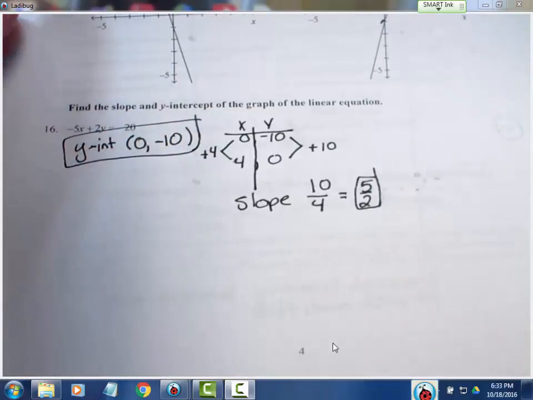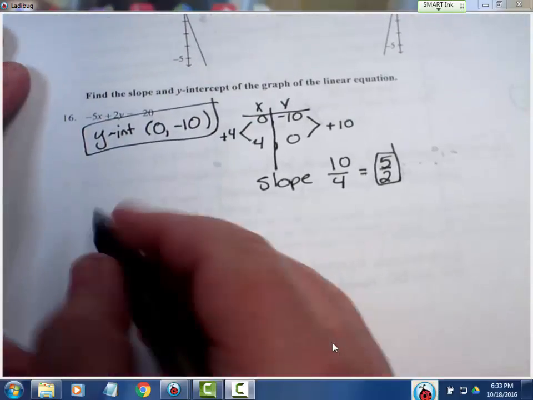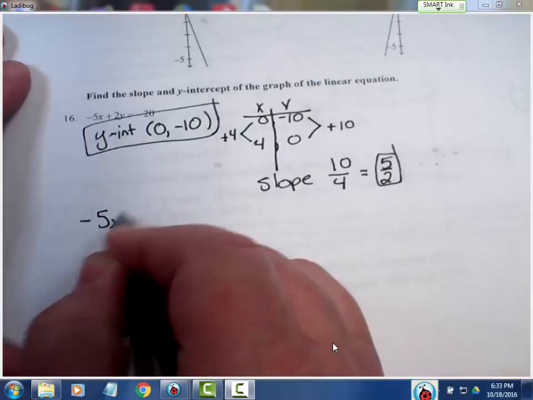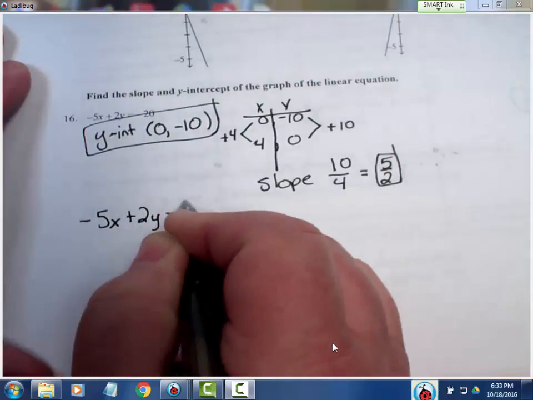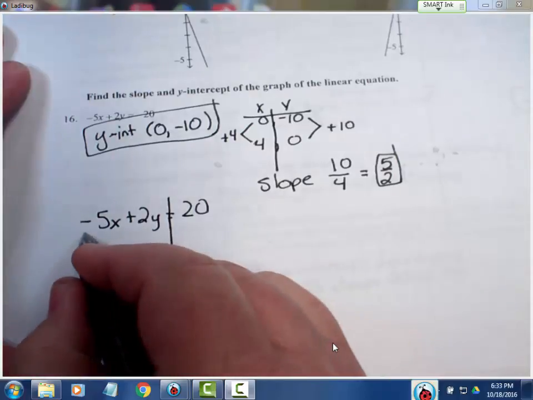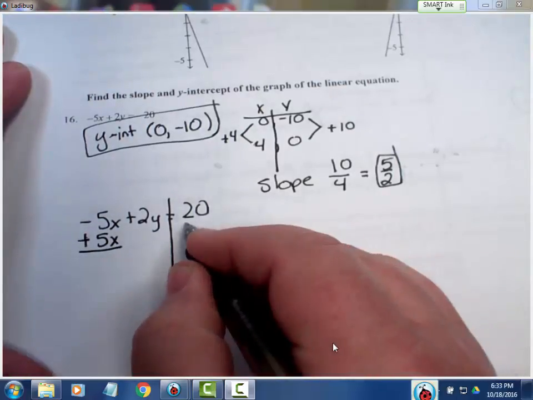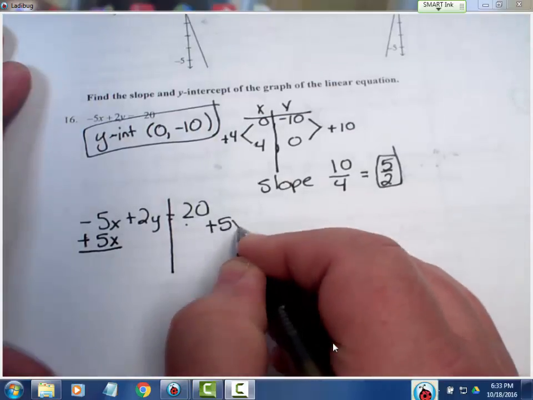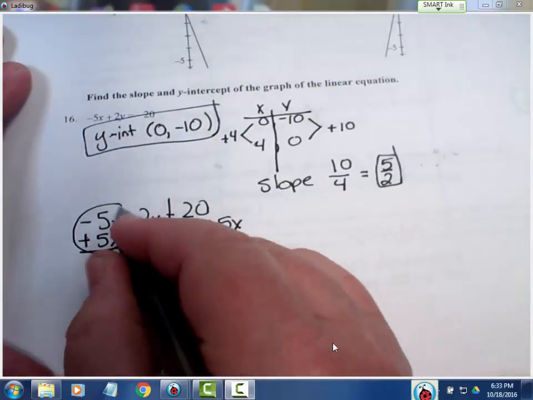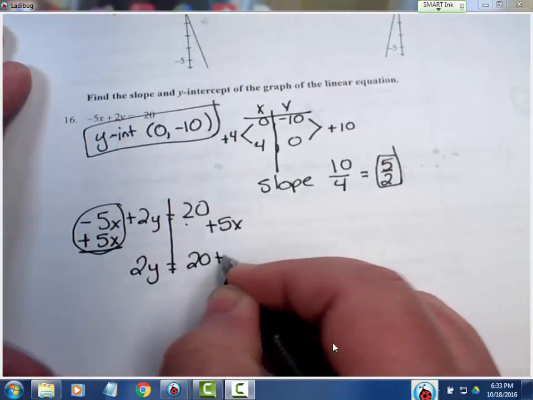Now, for those of you who don't like to use the calculator, here's another way. We start off with negative 5x plus 2y equals 20. We solve this for y, so I need to get rid of the x. So I add 5x to both sides of the equation, and that zeroes out, so I'm left with 2y equals 20 plus 5x.